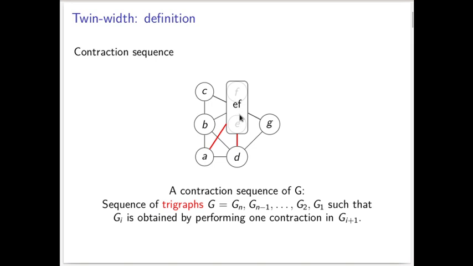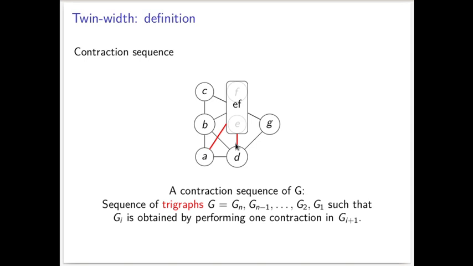Along this contraction sequence, red edges will appear. We will thus deal with what are called trigraphs: graphs where between two vertices there is either no edge, a black edge, or a red edge.